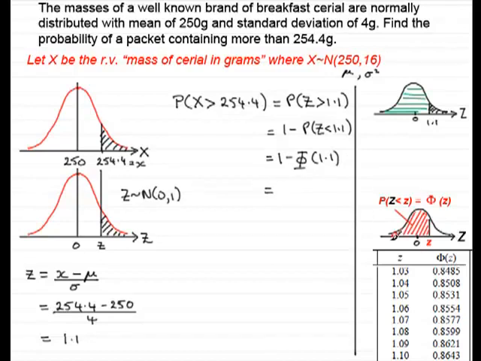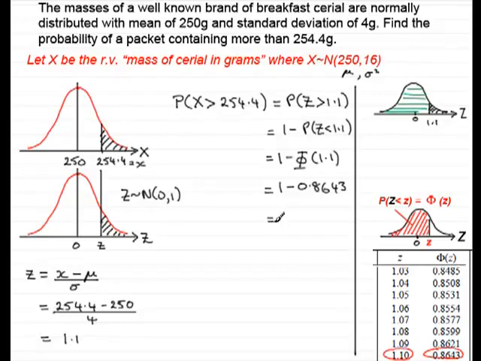And from the tables, all we've got to do is look up the Z value of 1.1. If we come down here, 1.1 is down here, and the corresponding phi of 1.1 is the value 0.8643. So 1 minus 0.8643.